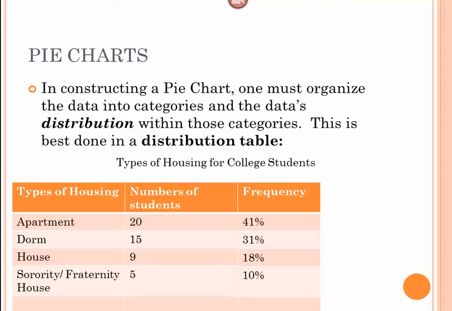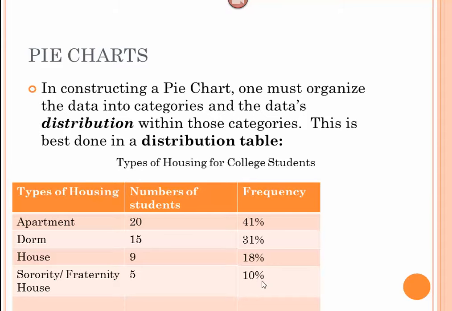So we've taken each one of these numbers, for example, 20, and we've divided 20 by 49. If you take your calculators and go 20 divided by 49, you get 0.41 approximately. And so we change that to a percent. We say, okay, 41% fell into that column.